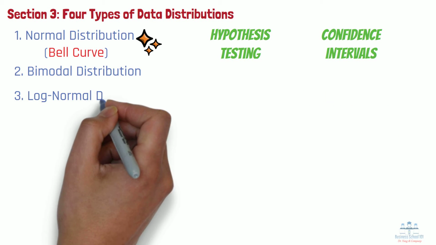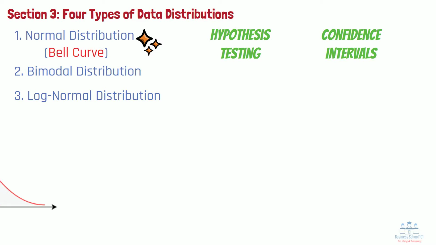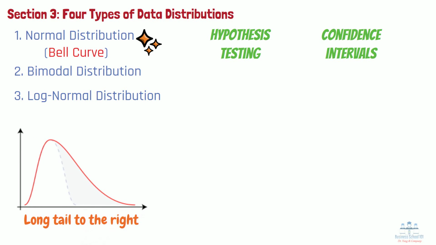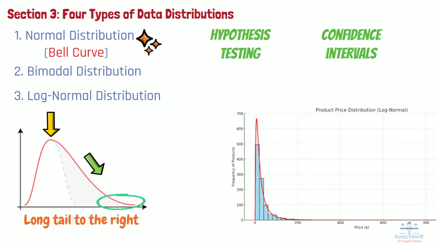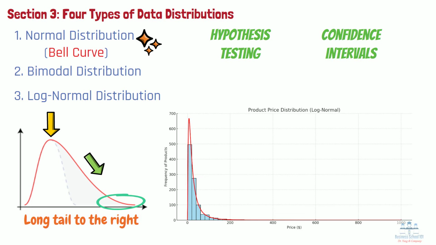Number 3. Log-normal distribution. In a log-normal distribution, the data is positively skewed, like a long tail to the right. The distribution starts with a high peak on the left and gradually declines, with most values on the lower end and a few large outliers stretching the curve. For example, consider analyzing product prices across an e-commerce platform.